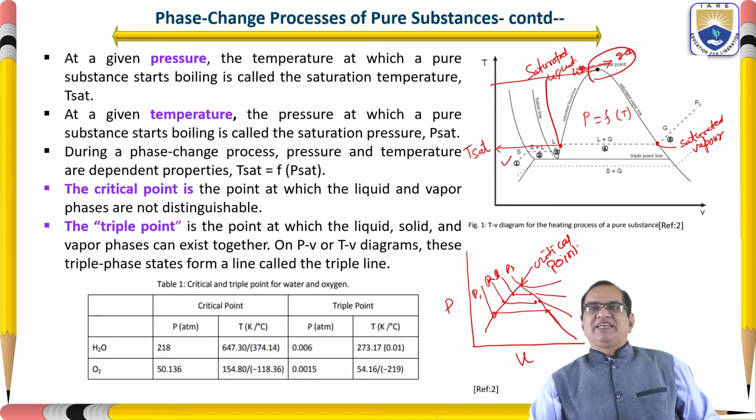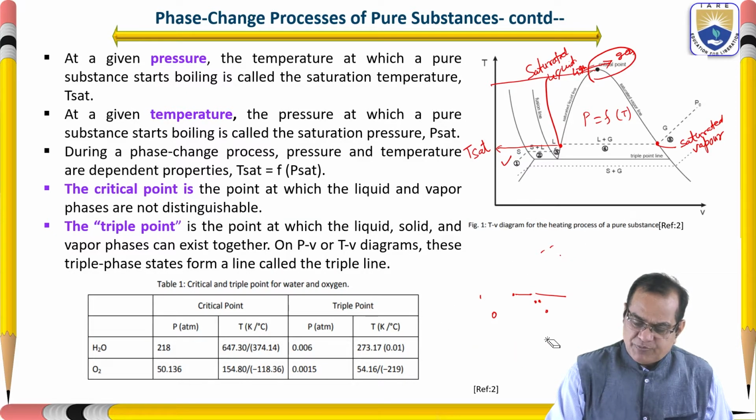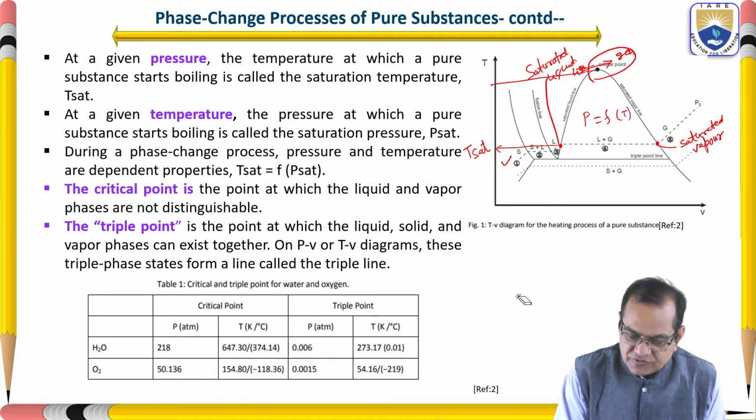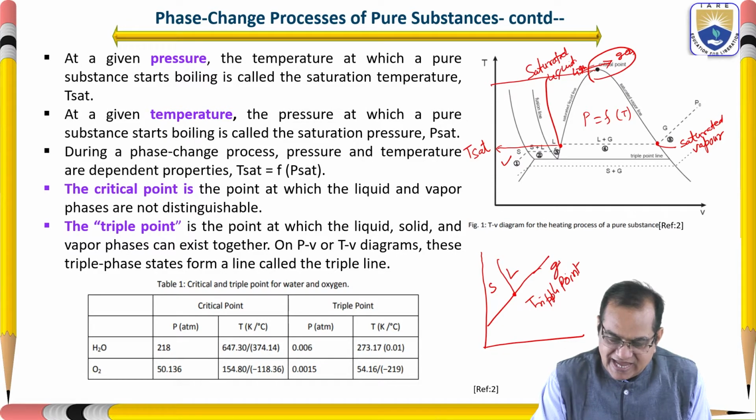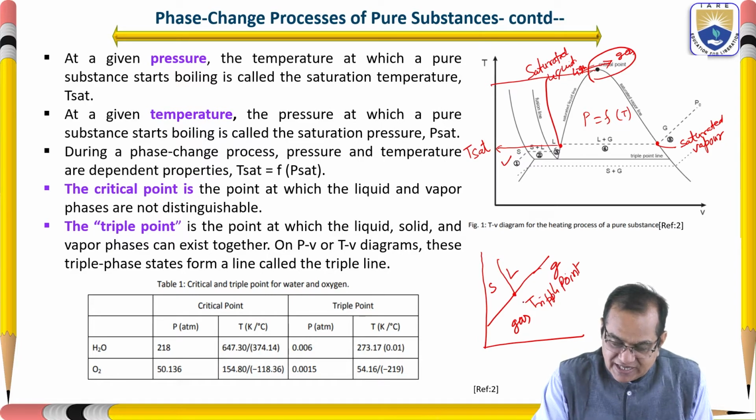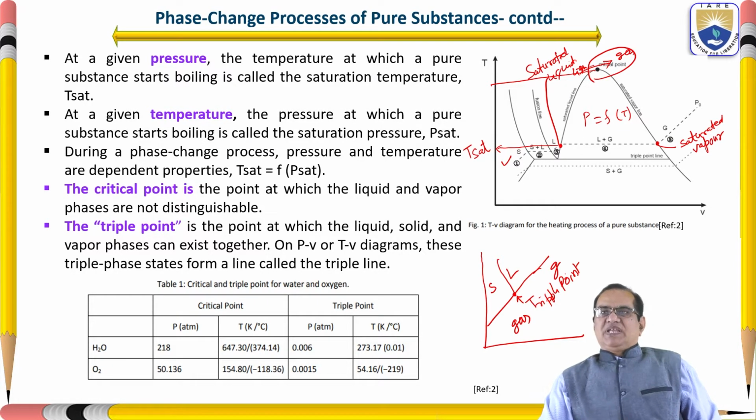The triple point is the point at which the liquid, solid and vapor phases can exist together on a PV or TS diagram. This is also a very important point that we have to understand. So it is like this, and this is the triple point. Here is the solid, this is the liquid, and here is the gas. That is the triple point, the point at which the liquid, solid and vapor phases can exist together.